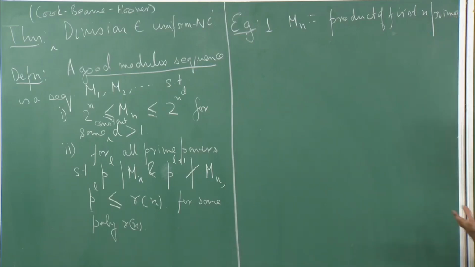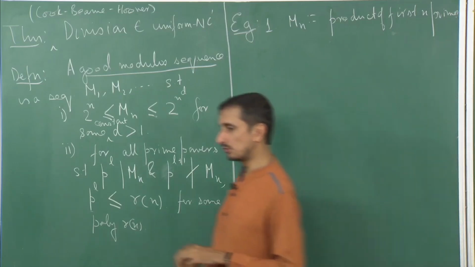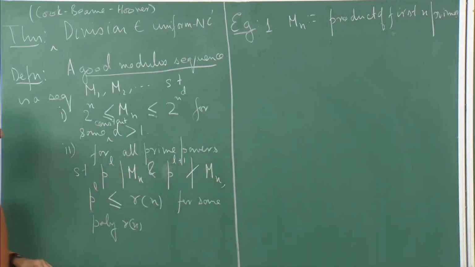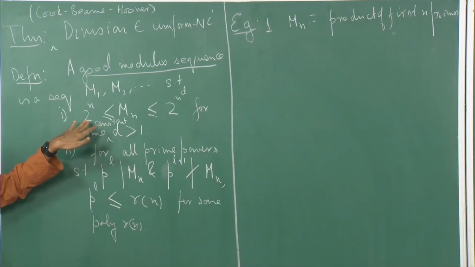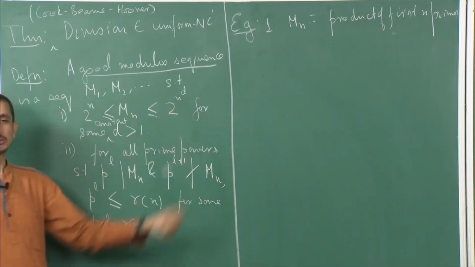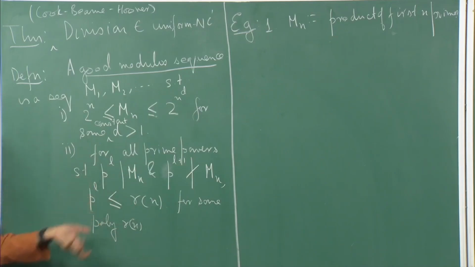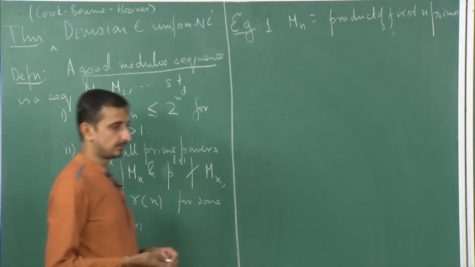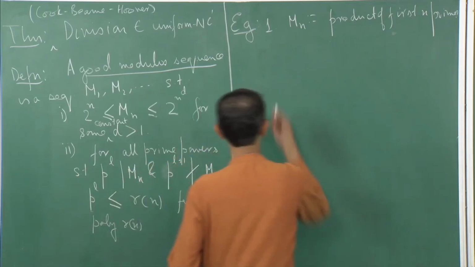If you look at the product of the first n primes, you can show that it is greater than 2 to the power n and it is less than actually 2 to the power n square. And of course for the product of the first n primes, the only prime divisors are the primes themselves, and the nth prime by the prime number theorem is at most n log n.